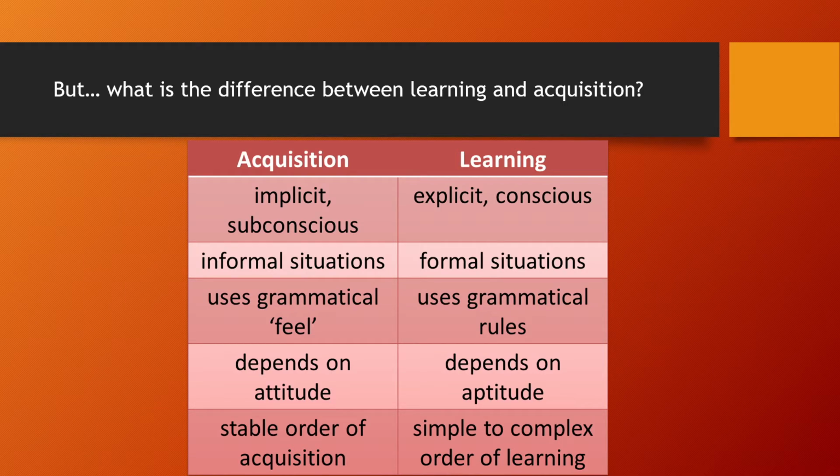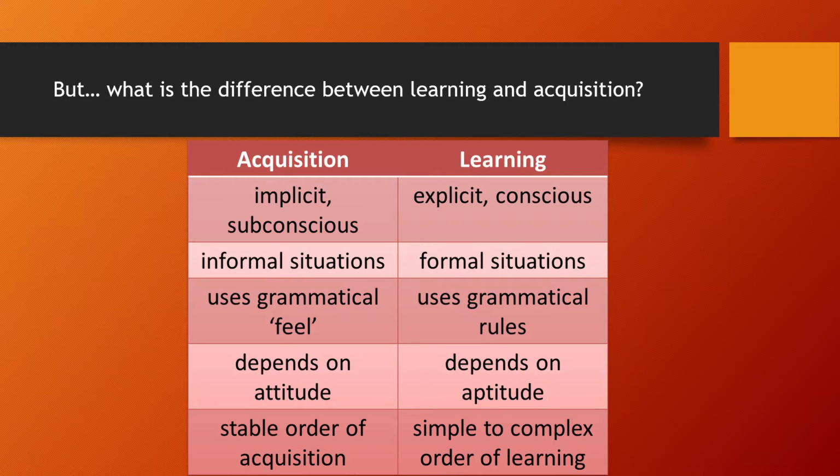The third difference is that acquisition uses grammatical feeling, while learning uses grammatical rules. What does this mean? It means that when we learned our first language, we didn't think about the grammar of that language, we just used to correct ourselves after hearing the correct language.